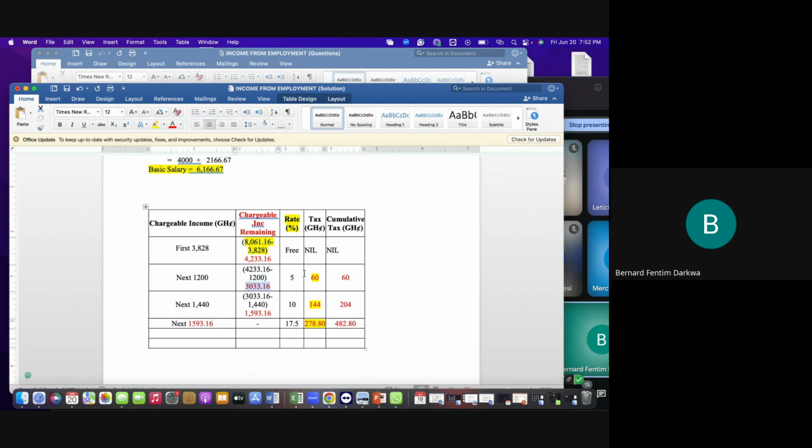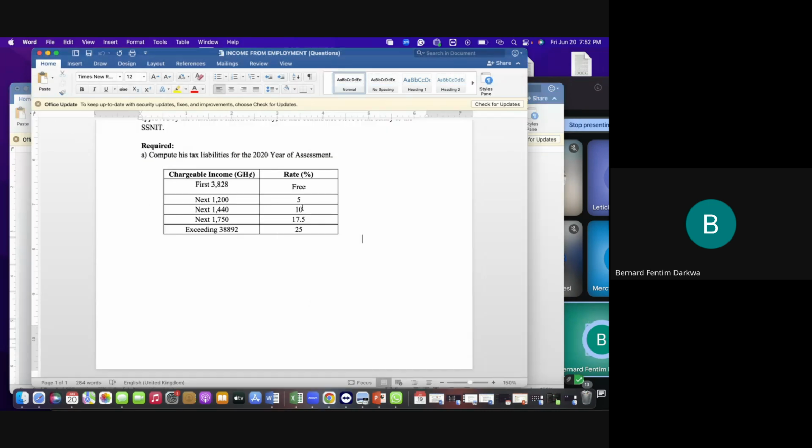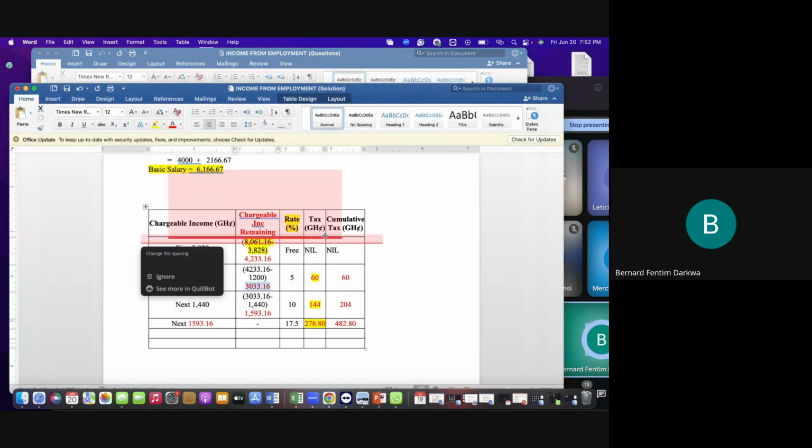But the 5% tax here is on the 1,200. You calculate the tax on the figure you take. So 5% on 1,200 gives you 60 cedis. That's the first tax we are getting on his income. The first 1,200, you charge 5% on it, and you get 60 cedis.